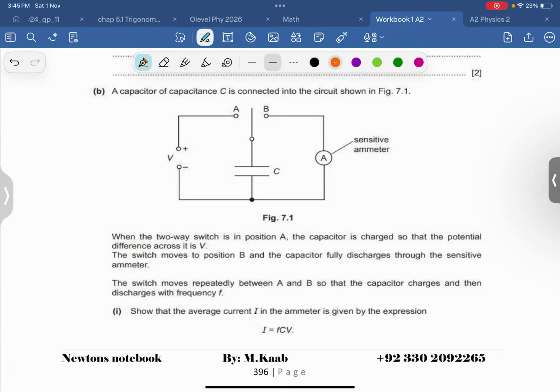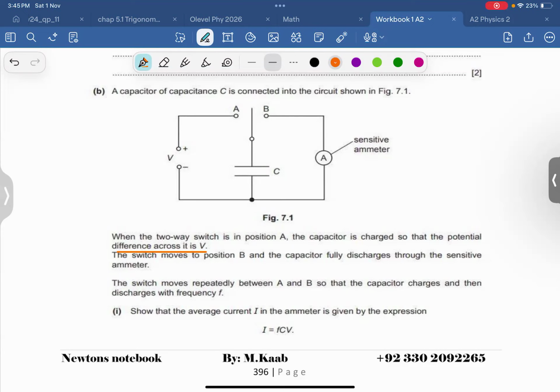Which means if the potential difference across the capacitor is completely V, the capacitor will get fully charged in this circuit. Fully charged is the point at which the charge flow will be zero, right? This is the process of charging, or this is how long the charge lasts.